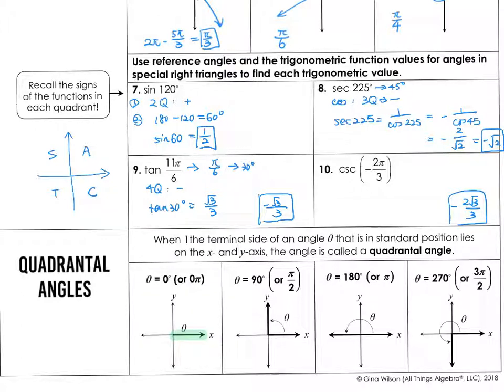And when theta is 90 degrees, or pi over 2, one side is on the x-axis, the other side is on the y-axis. 180 degrees, 270 degrees, and then 360 goes back to the same as 0 degrees. That's just a quick definition. It's called quadrantal angles.